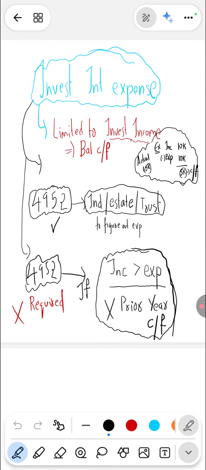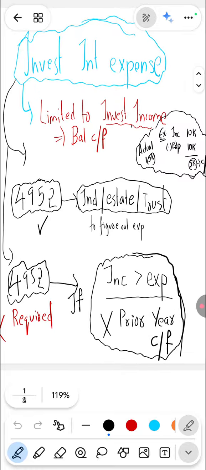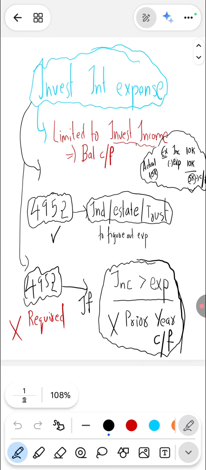So what does it mean? IRS says that if your expense is more than your income, just file Form 4952 so that I can know what expenses you are incurring and all your details. So Form 4952 is not required if your income is greater than expenses, and if there is no prior year carry forward, you are not required to file it.